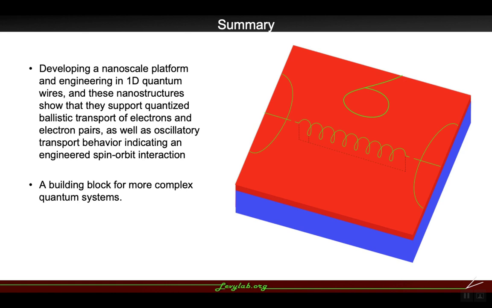These are all the work we have done and are planning to do. We think this could be a building block for more complex quantum systems that could maybe apply to a wider field.